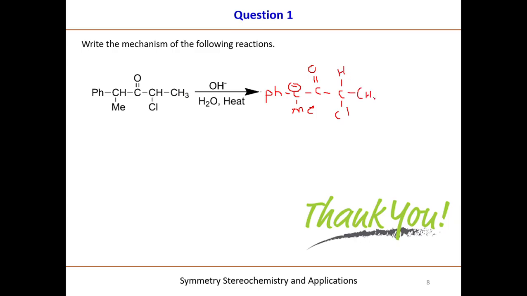So the carbon atom which has only alkyl substitution will undergo proton abstraction. This is the first step, abstraction of alpha proton.